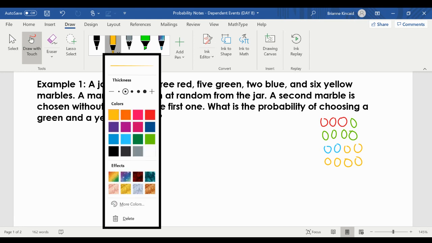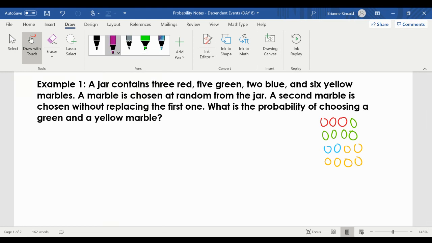That means that I have a total of 16 marbles. A marble is chosen at random from the jar. A second marble is chosen without replacing the first one. What is the probability of choosing a green and a yellow marble?